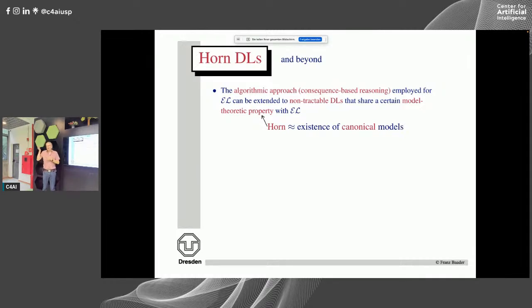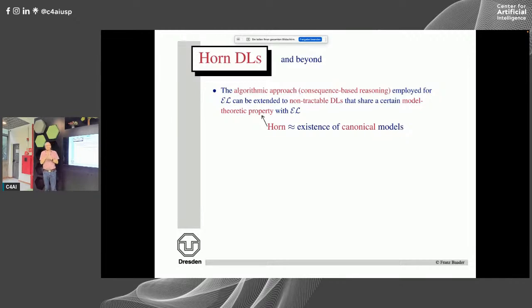And intuitively you can say that Horn means that there is a kind of canonical model such that something follows from your T-box if and only if it holds in this canonical model. And the algorithm, you could also say, generates this canonical model, and then you just look at the canonical model.